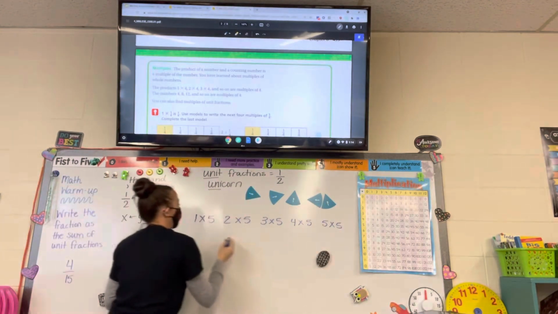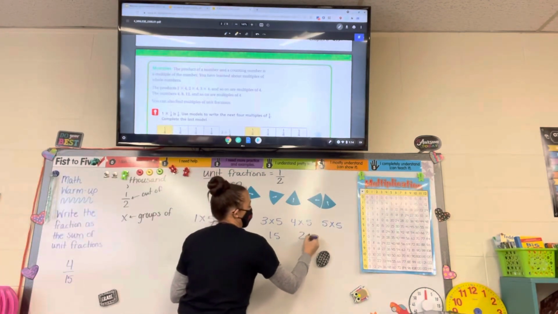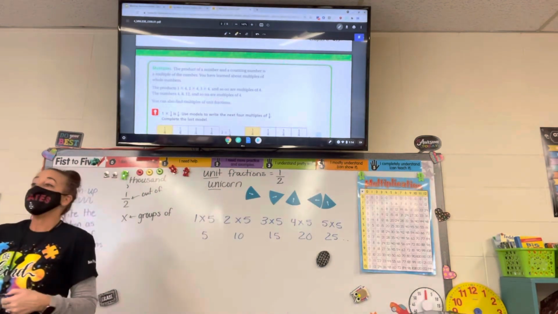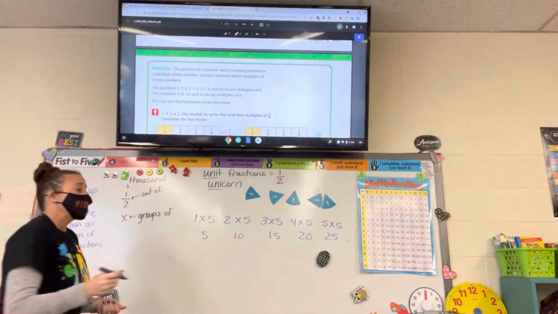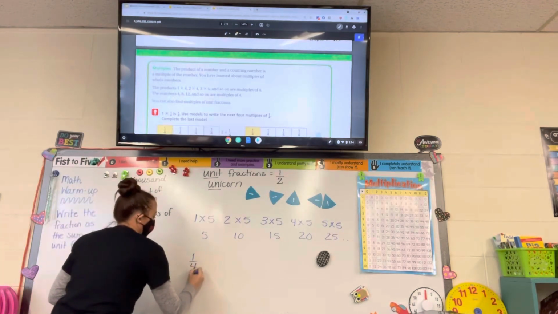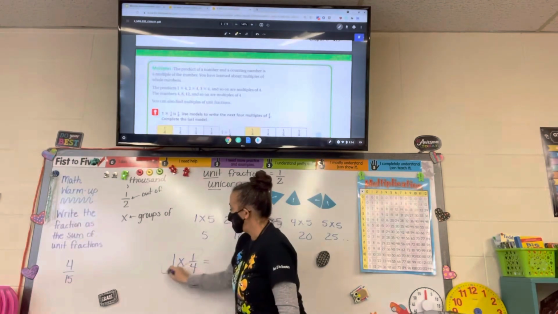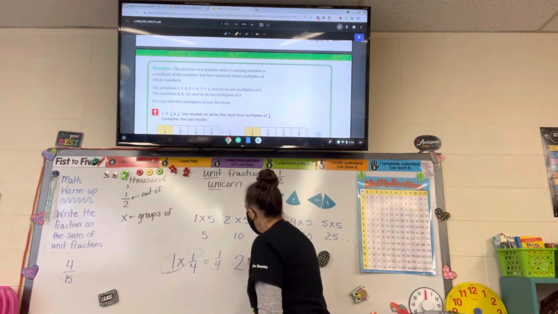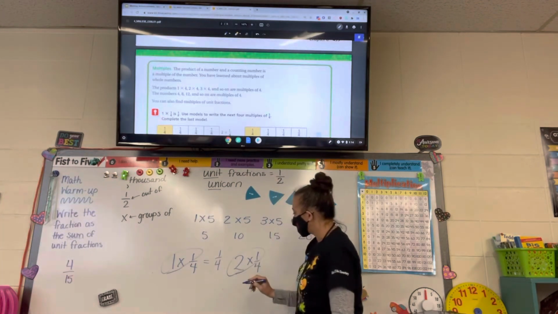So we got 5, 10, 15, 20, 25, and they keep going on and on. To do multiples of fractions or unit fractions, this is what we do. So 1/4, or 1 times 1/4. 1 times 1 is 1 over 4. 2 times 1/4 equals what? 2/4.